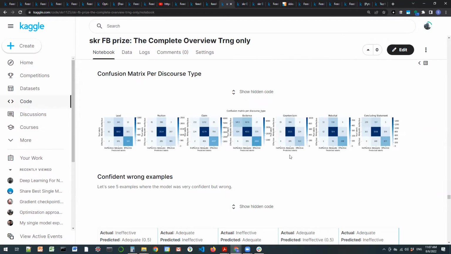So it predicts a lot of ineffective as adequate.